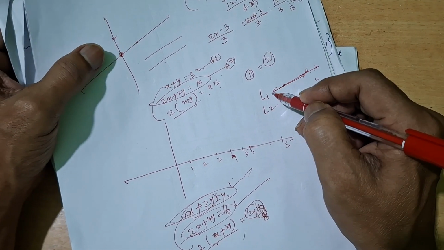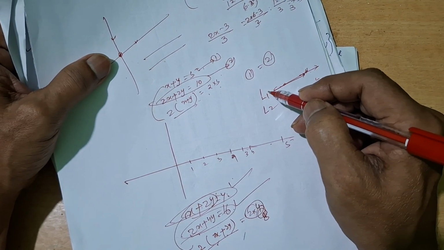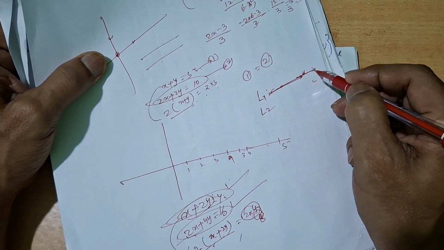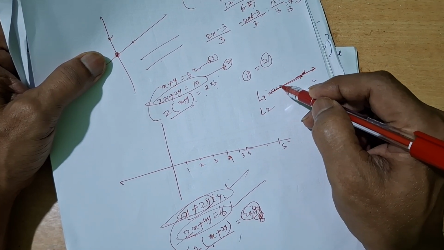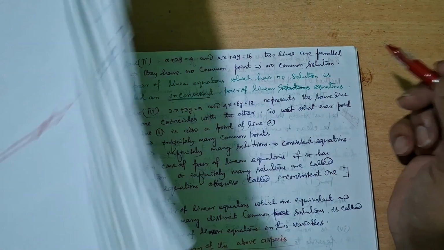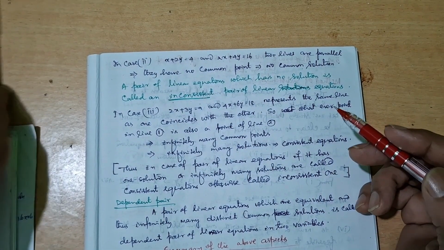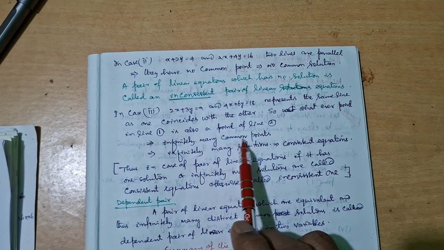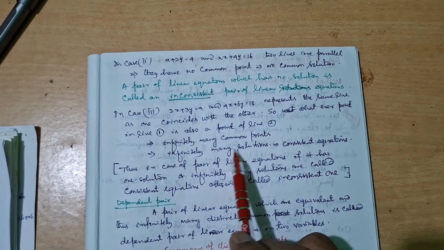So any solution of L1 is also a solution of L2. How many common points are there? Infinitely many. So it has infinitely many solutions. For every x you will get a y.